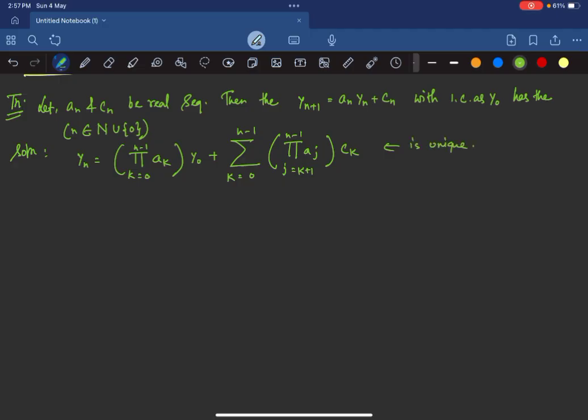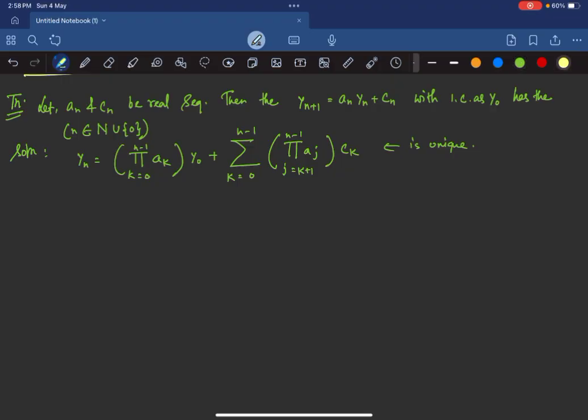This is the unique solution. Okay, so here you need to remember this formula: yn equals the product of all the ak's with k from 0 to n minus 1 times y0, plus the summation k from 0 to n minus 1 of the product of all the aj's times ck. Okay, so here we have this one.